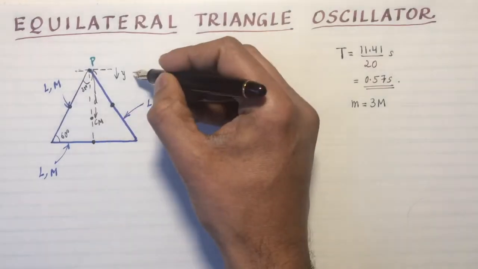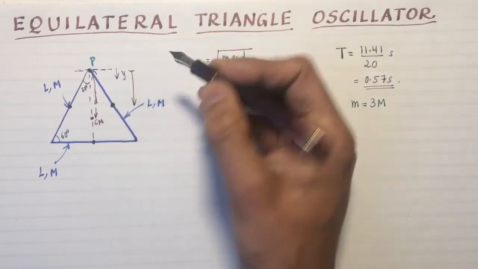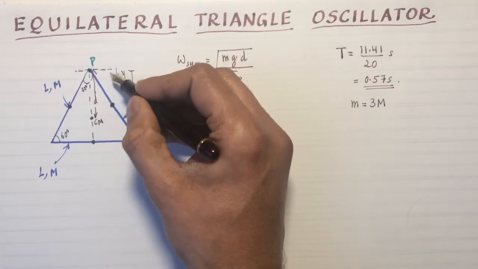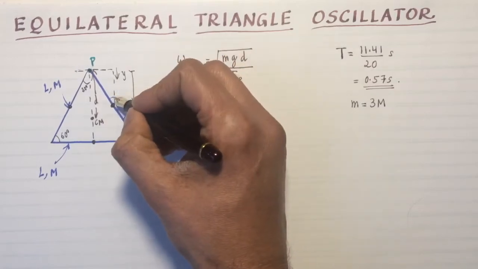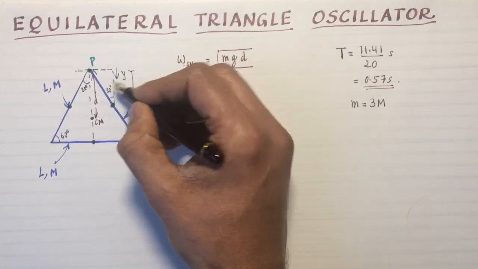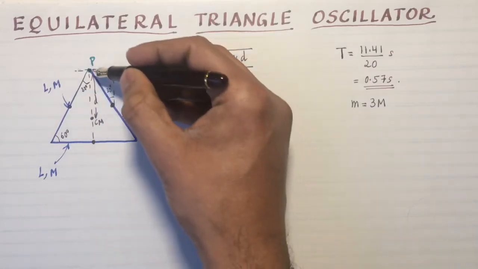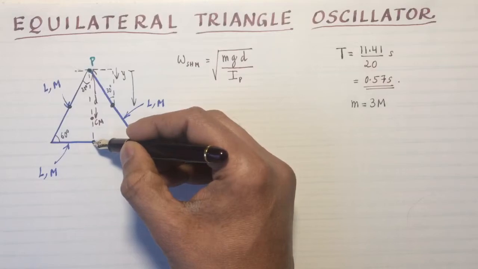How do we find the location of the center of mass of this rod? Well, that is this distance, and that's also 30 degrees. So that's just going to be L over 2 cosine 30 degrees, and the same for that. Now for this one, it's that distance, so it's L times cosine 30 degrees.